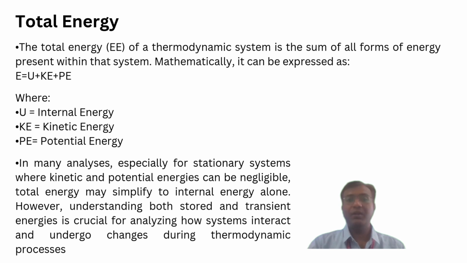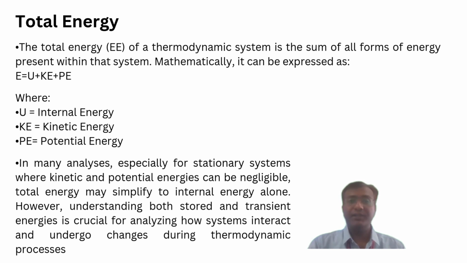We can bring all the pieces together and define what is the total energy of a thermodynamic system. The total energy of a thermodynamic system is simply the sum of all forms of energy that are present within that system at a given instant. It represents the complete energy content of the system, accounting for all contributions from various sources.